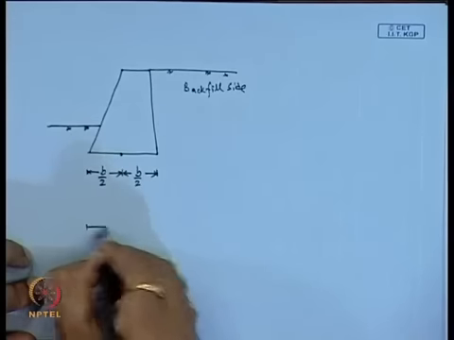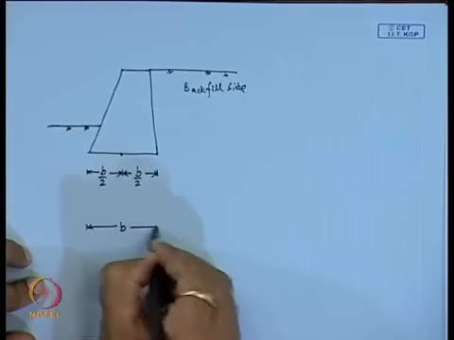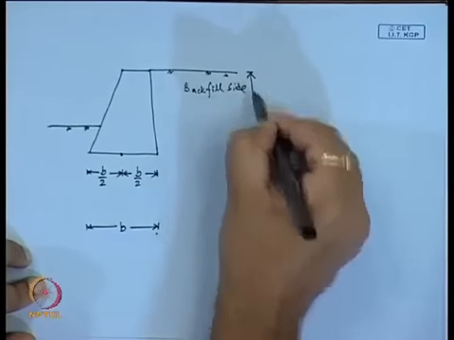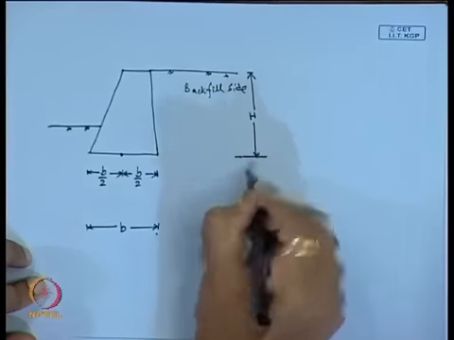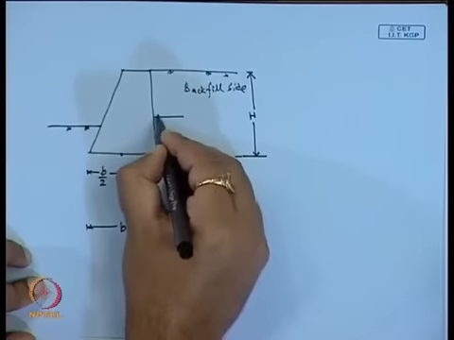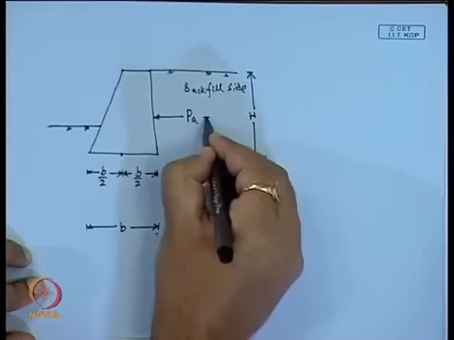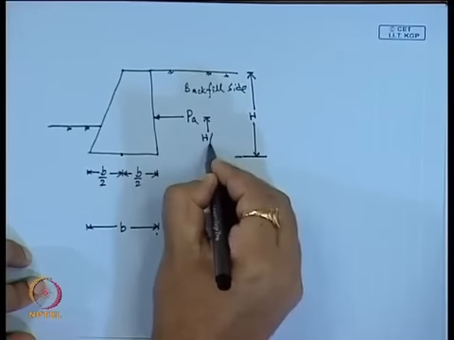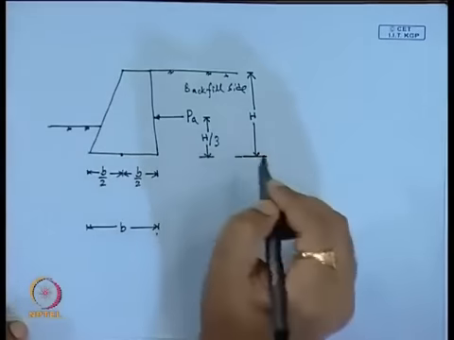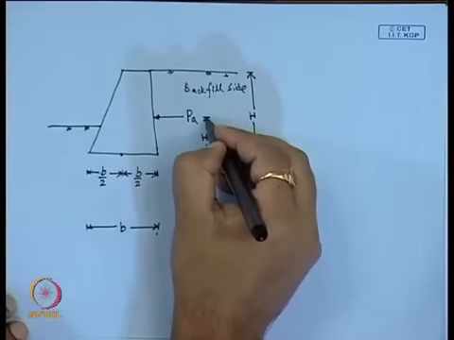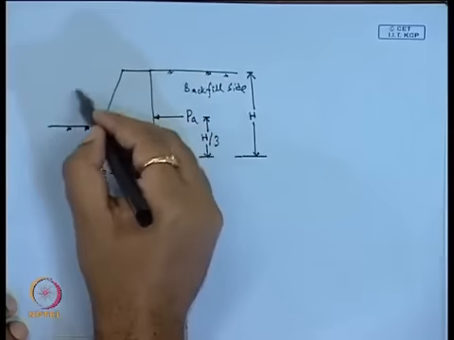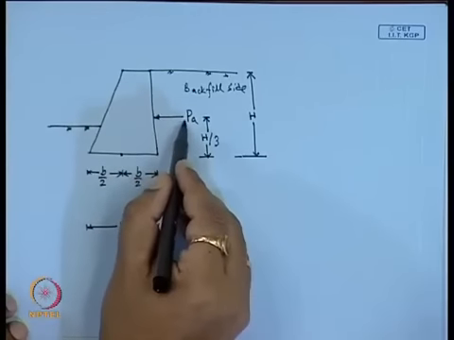So, the total width is B, and if this is the height of the retaining wall H, then first the active earth pressure, P A, will act at H by 3 distance from the base of the retaining wall. Similarly, when we know that this retaining wall moves in this direction, then this face will experience active earth pressure.